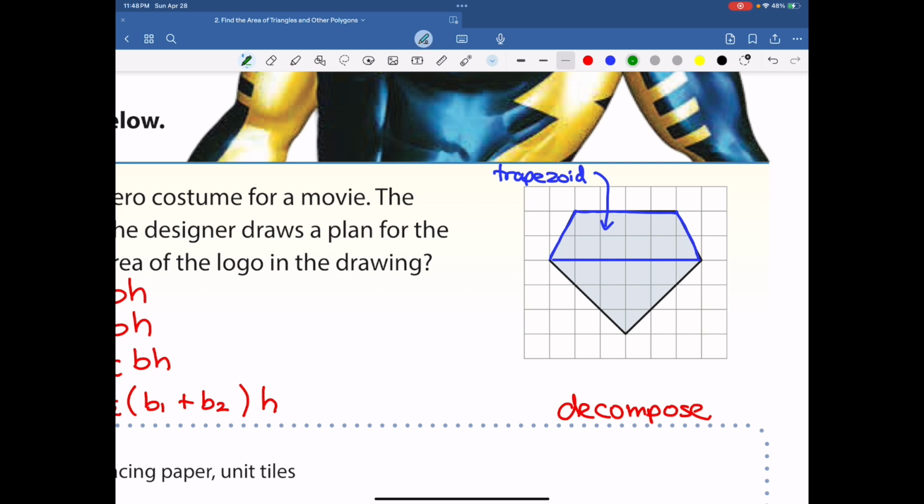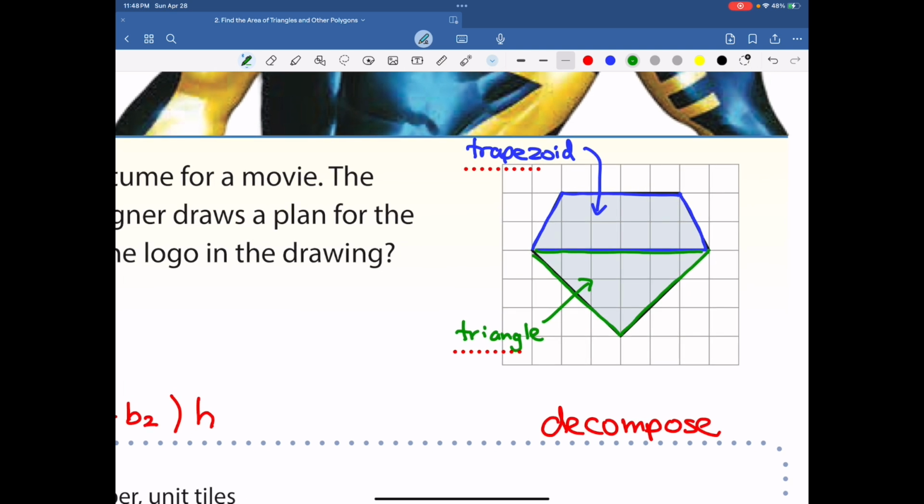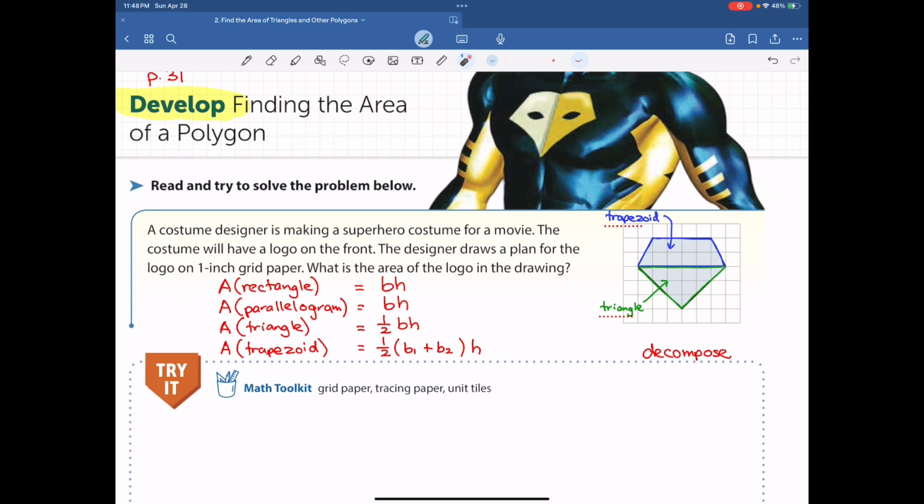And now look at the bottom portion of the logo. This part here in green, we have just created a simpler shape, and that is a triangle. So write down triangle and draw an arrow pointing to the green portion of the logo. So all we have to do to find the area of the logo or of the diamond is take the area of the trapezoid, add it with the area of the triangle, and then you have your total area for the entire diamond logo.